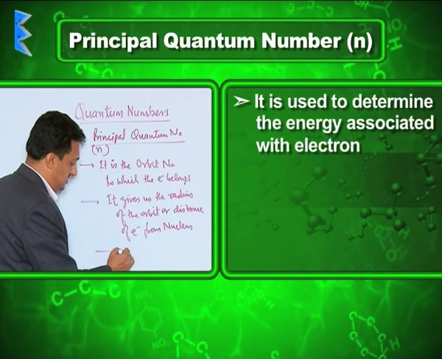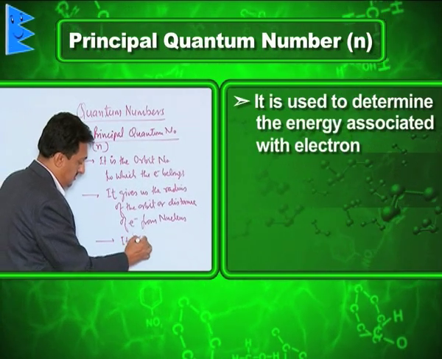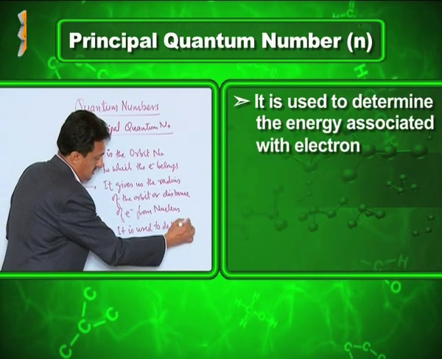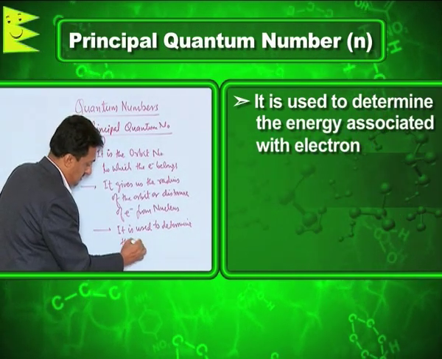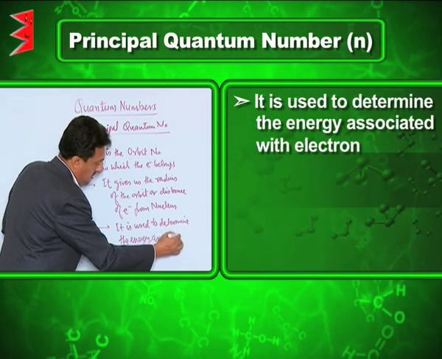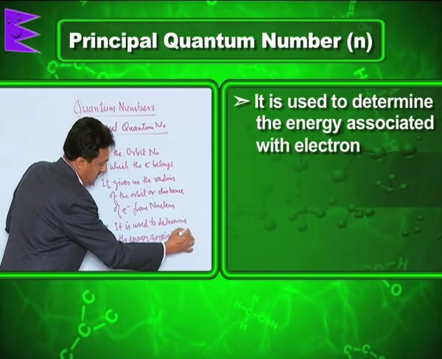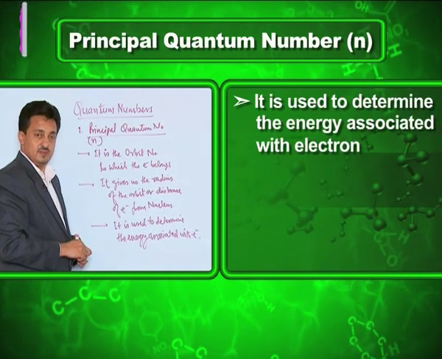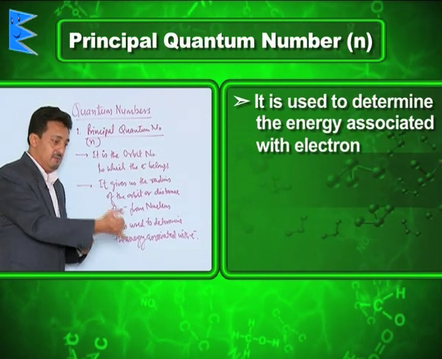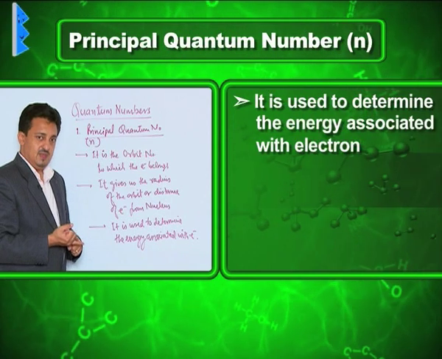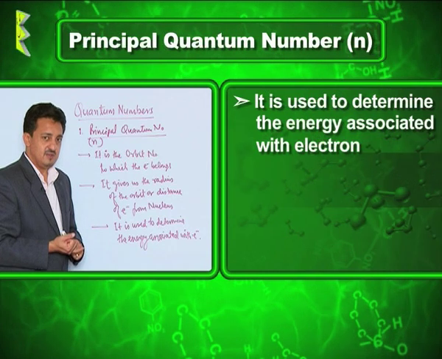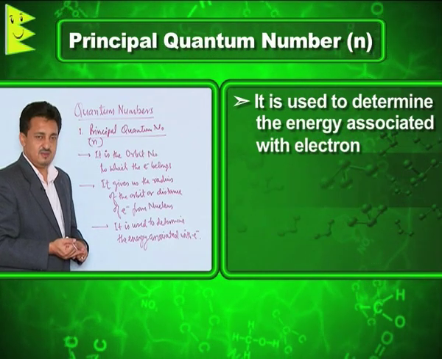It is also used to determine the energy associated with the electron. So first, n tells us the orbit number to which the electron belongs. With the help of this, we can find out the radius, the energy, and the velocity of the electron.